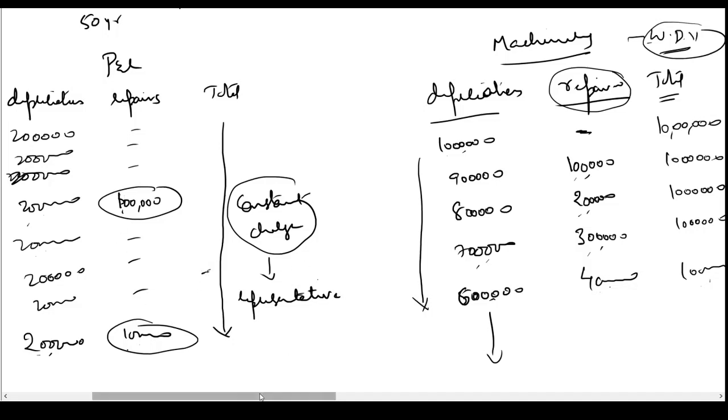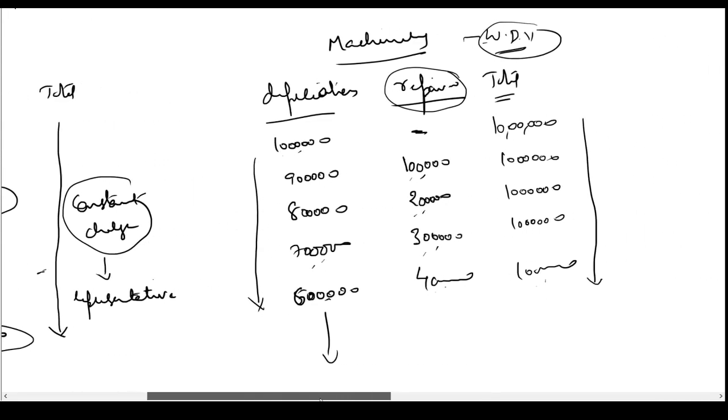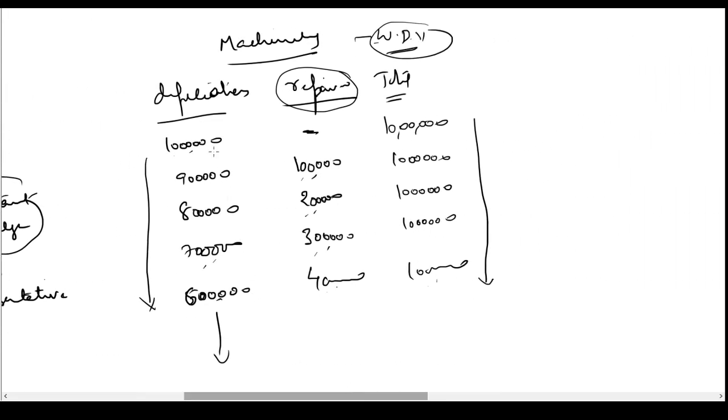In the case of assets where the repairs are more, it is better to follow the WDV method, because even though the initial depreciation is high, the repairs are low, so the impact on the P&L account is constant. As you observe, in the future years the depreciation reduces, but correspondingly repairs increase, having a balancing impact on the profit and loss account. So for assets where the value is lost due to usage and when there are significant repairs, it is better to follow the WDV method of depreciation.